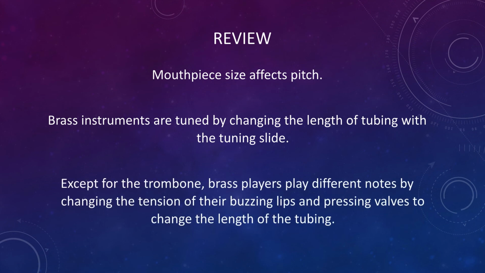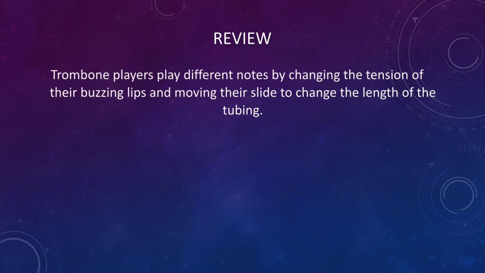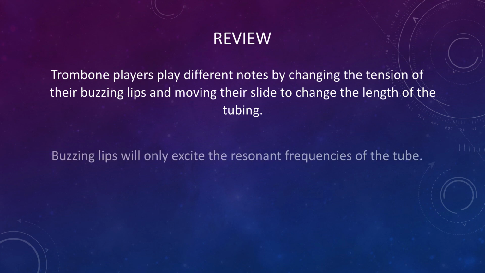Except for the trombone, brass players play different notes by changing the tension of their buzzing lips and pressing valves to change the length of the tubing. Trombone players play different notes by changing the tension of their buzzing lips and moving their slide to change the length of the tubing. Buzzing lips will only excite the resonant frequencies of the tube.